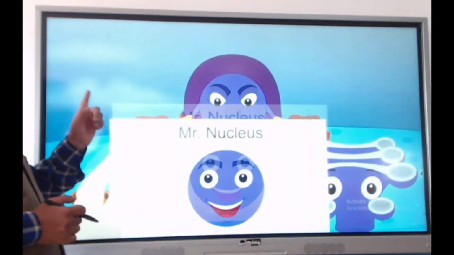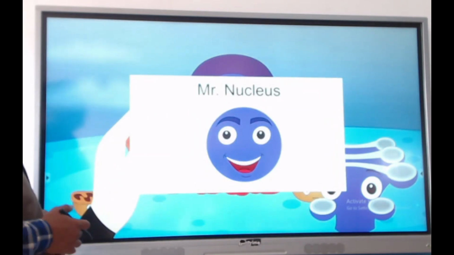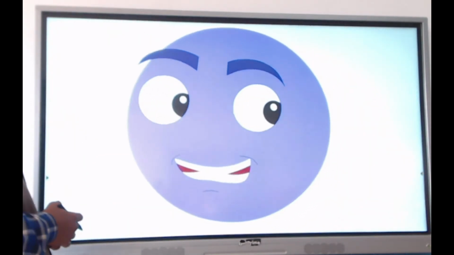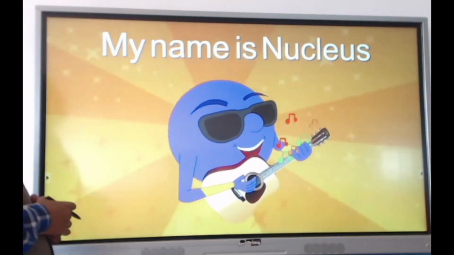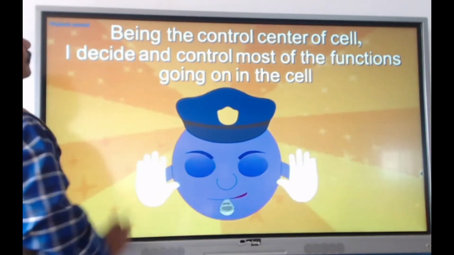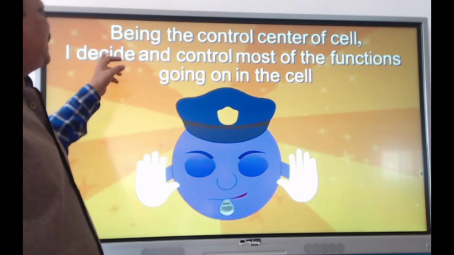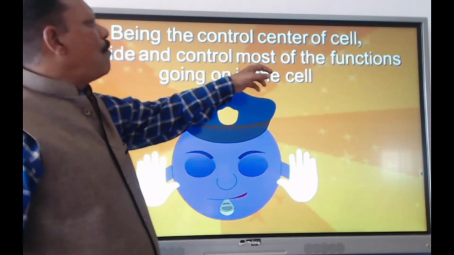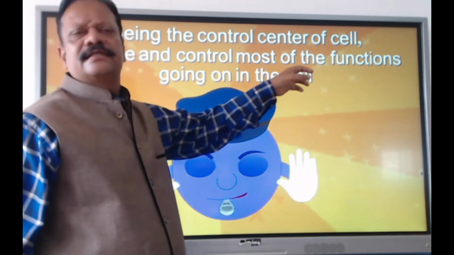You enter the cell, first you are observing the nucleus. Mr. Nucleus, he is telling something to you. My name is Nucleus. Being the control center of the cell, I decide and control most of the functions going on in the cell.